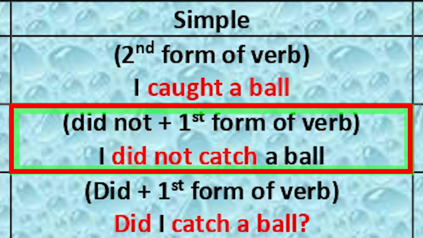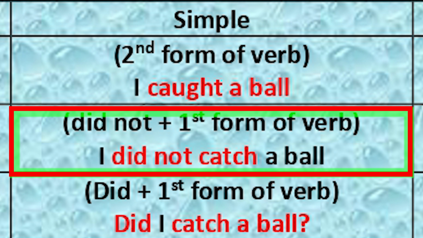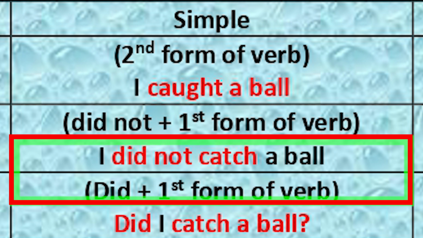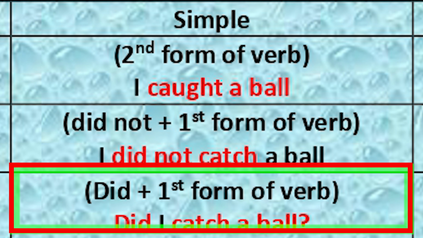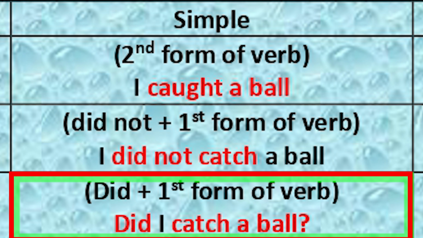And if we are talking in negative sentence, we will say I did not catch a ball. When we will discuss negative sentence, we will use did here and we will use the first form of verb with negative sentences.